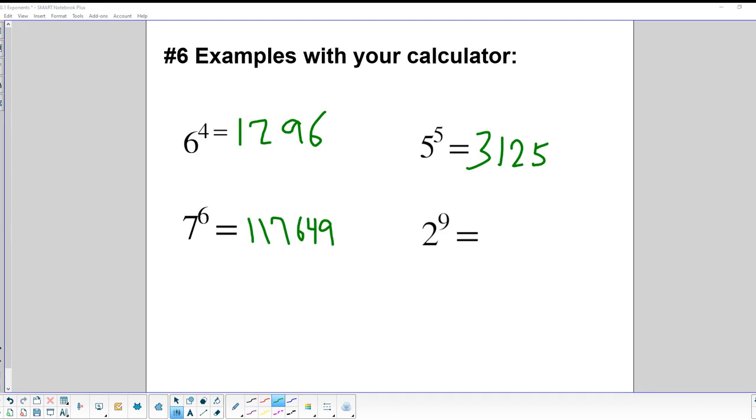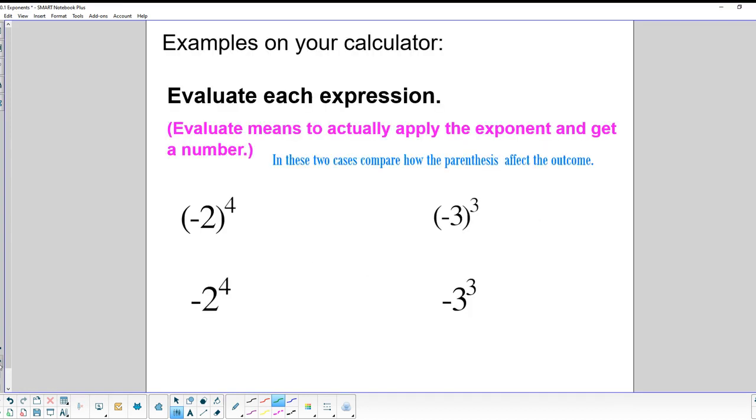Then 2 raised to the 9th power, and then hit enter on your calculator. So that was 512. Depending on what number you start with and how many times you multiply it together, you can end up with some pretty big numbers. And that's why we like to use exponents, because it's a way of writing a big number in a really concise way.